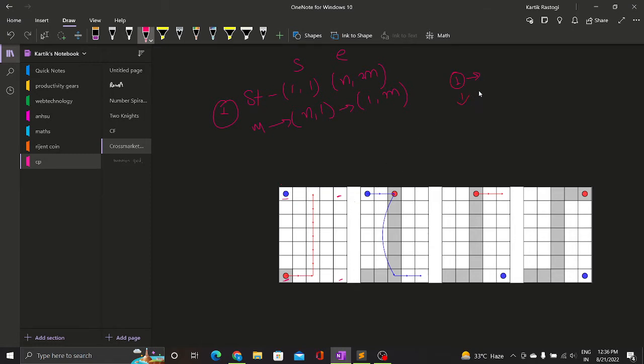So what is the minimum energy that Megan will spend to reach here? So it is 1, 2, 3, 4, 5, 6, 7, 8, 9, 10. So the minimum energy that Megan will spend is n plus m minus 1.